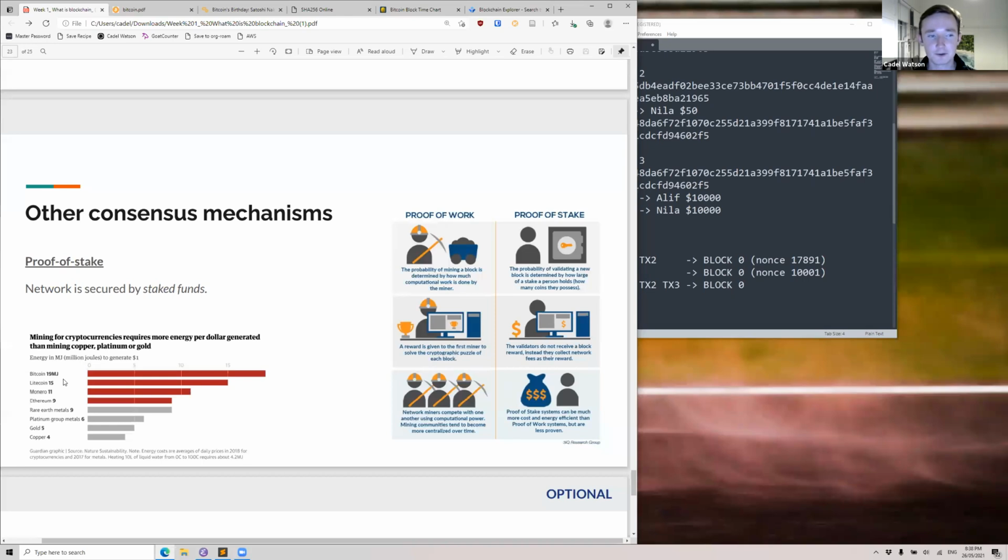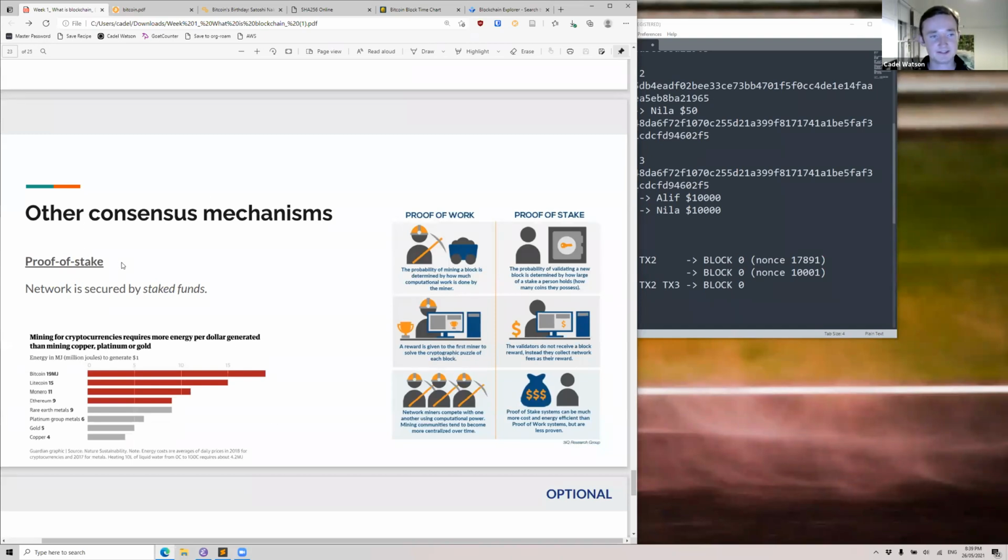If you took all of the electricity use from all the computers on the Bitcoin network around the world, it would be something like the 31st largest country in the world in terms of electricity usage. So it's pretty wasteful in terms of the carbon pollution it creates and the amount of electricity it uses that could be used for better purposes. And that's left a lot of people looking for a solution that's still as secure as proof of work, but has less of an environmental impact.